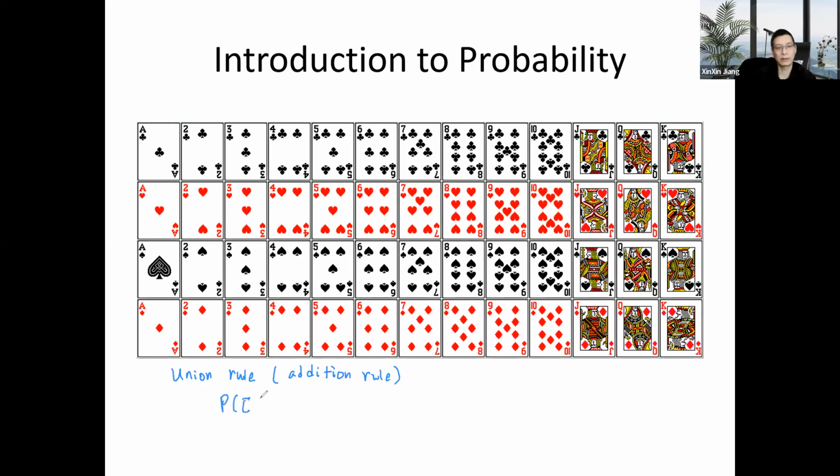It says the probability of the union of 2 events is the sum of the probabilities minus the probability of the intersection.